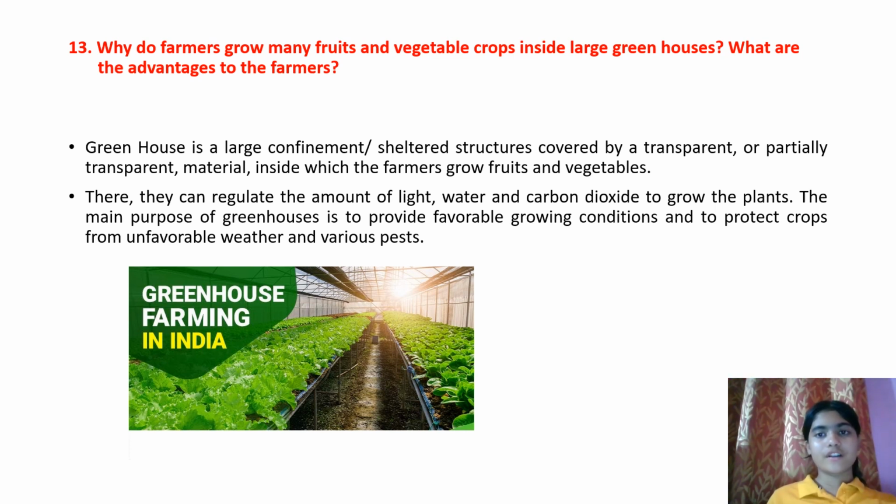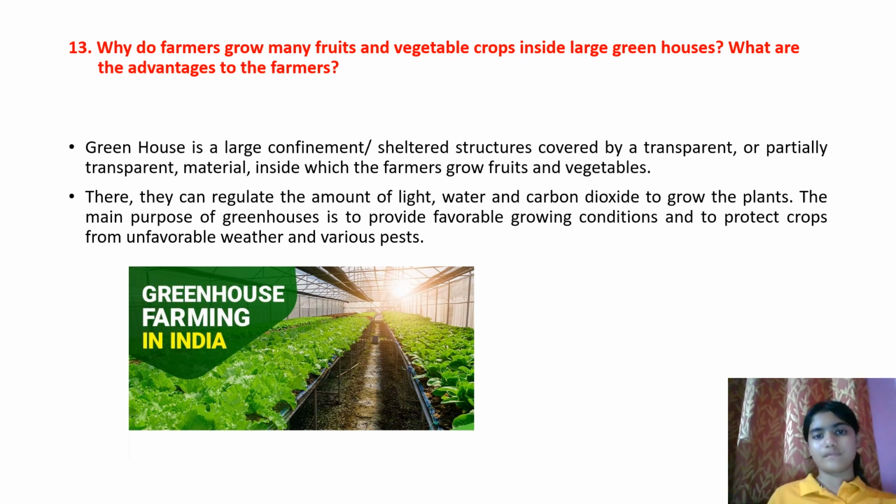Sheltered structures covered by a transparent or partially transparent material, inside which the farmers grow fruits and vegetables. There, they can regulate the amount of light, water, and carbon dioxide to grow the plants. The main purpose of a greenhouse is to provide favorable growing conditions and to protect crops from unfavorable weather and various pests.